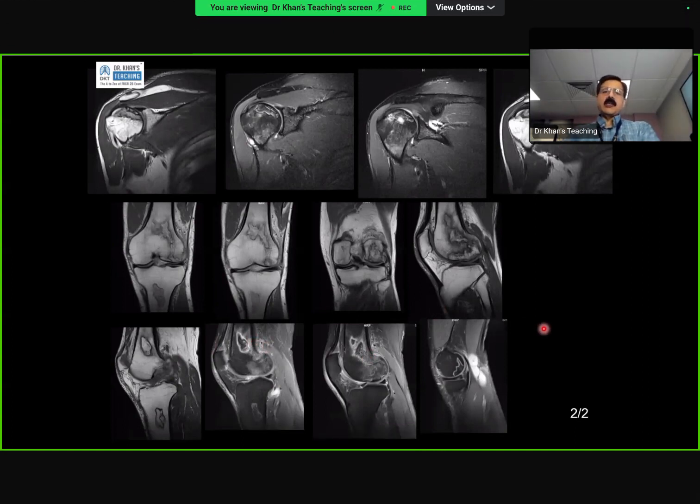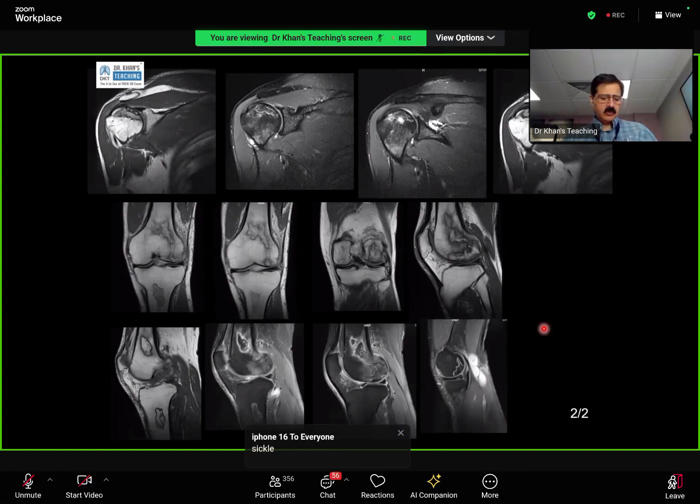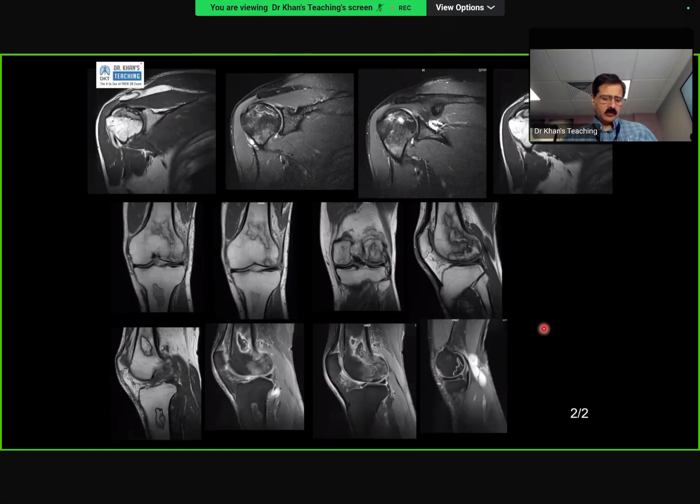What can be the etiology? What can be the causes? So the viva can be on the causes. For bone infarcts at multiple sites, it can be because of drugs, I mean NSAIDs, steroid intake, or it can be because of sickle cell, or it can be because of Gaucher's also.